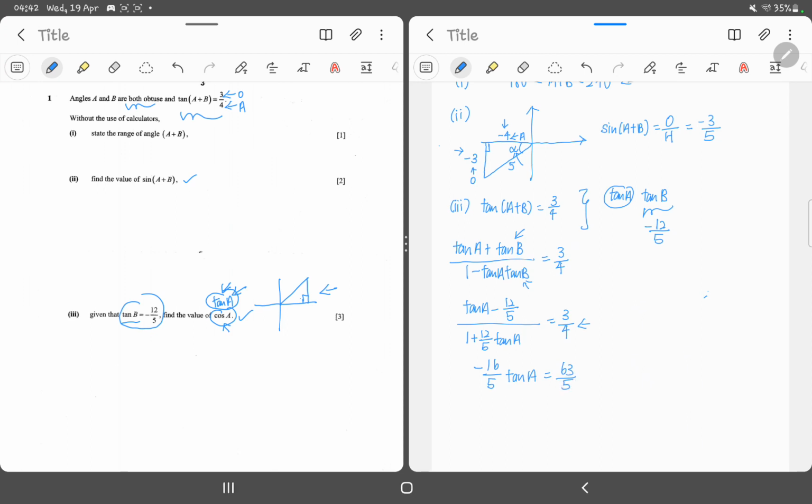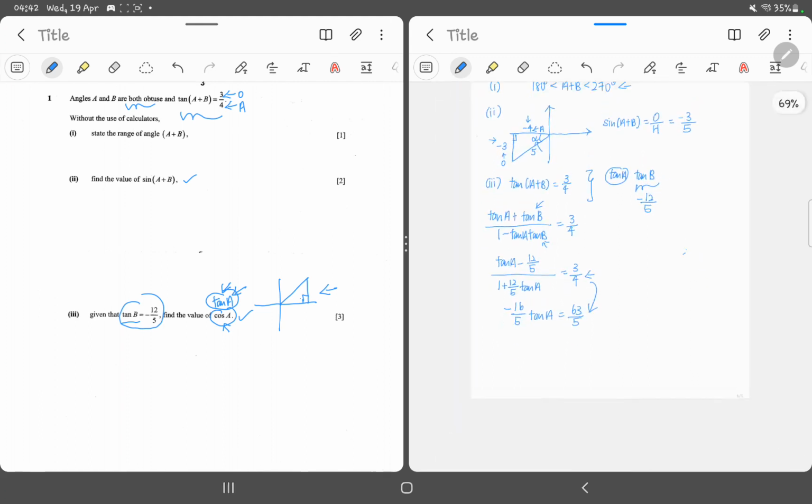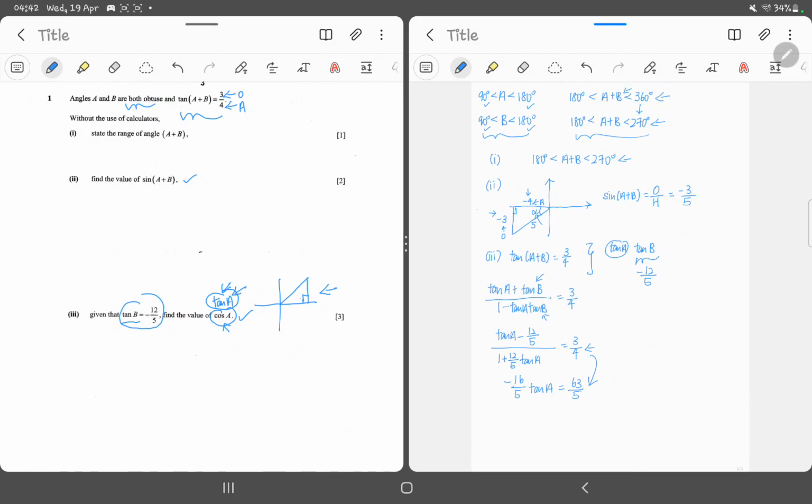Now if you are not sure how I get from here to here, let me write down the working. So I'm going to multiply this over, so I get tangent A minus 12 over 5 equals 3 over 4 plus 36 over 20 tangent A. Now I'm going to bring this over to the left hand side.